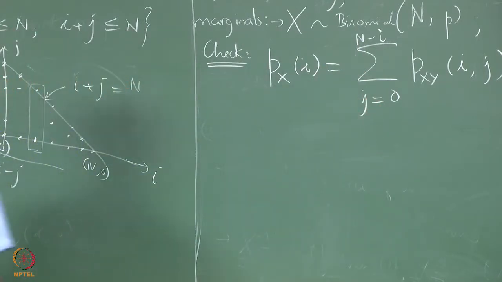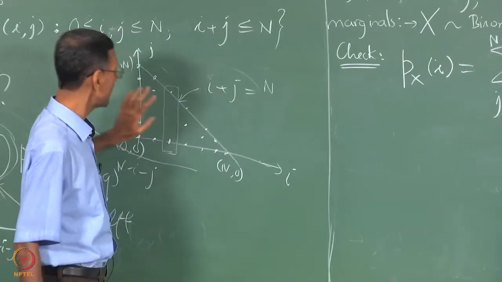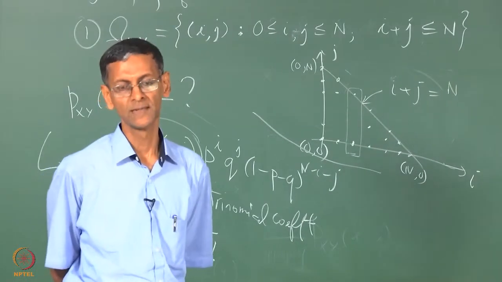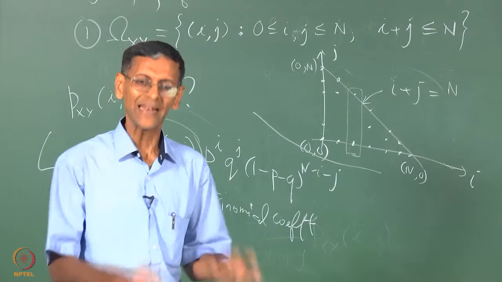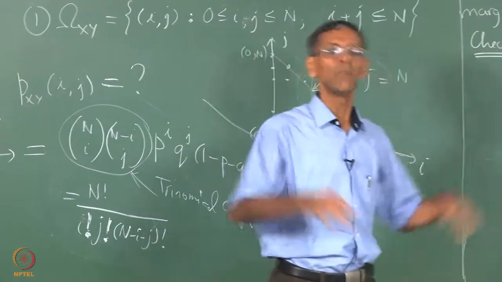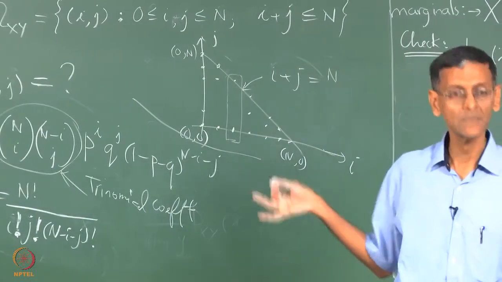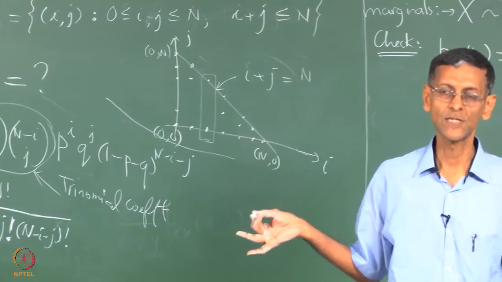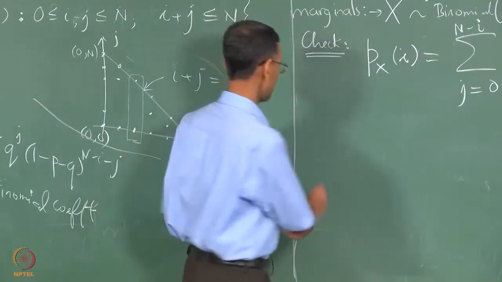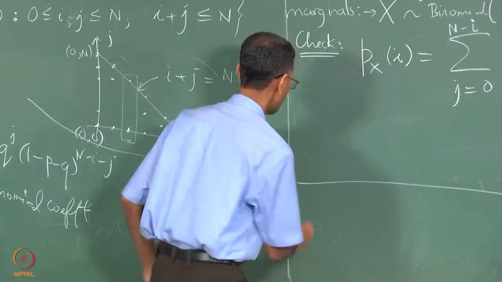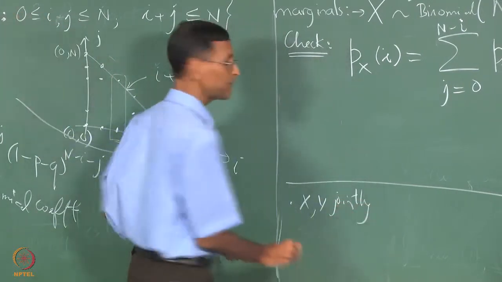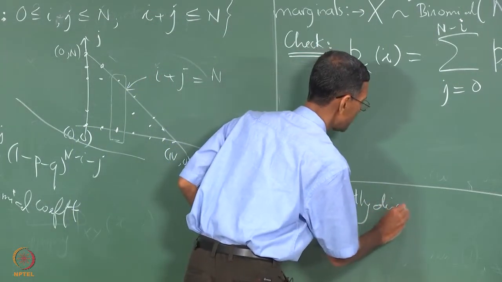That is why you have to understand clearly the region omega_XY where the non-zero probabilities are concentrated, and it is not an area, it is basically a set of points in the discrete case. So if X and Y are jointly discrete, they must be individually discrete, they cannot suddenly become continuous, as we will see. Continuous random variables we will come to later. Jointly discrete means they are described in terms of a joint PMF.